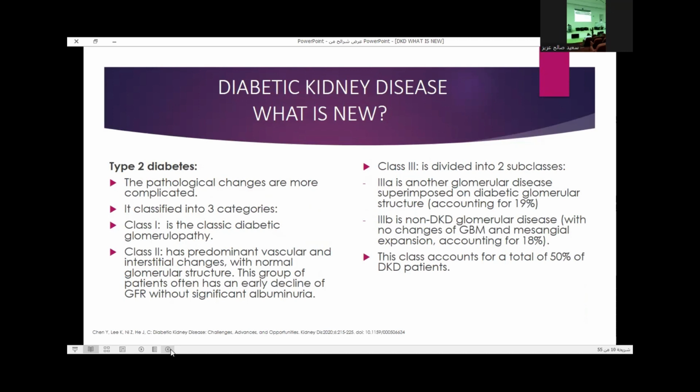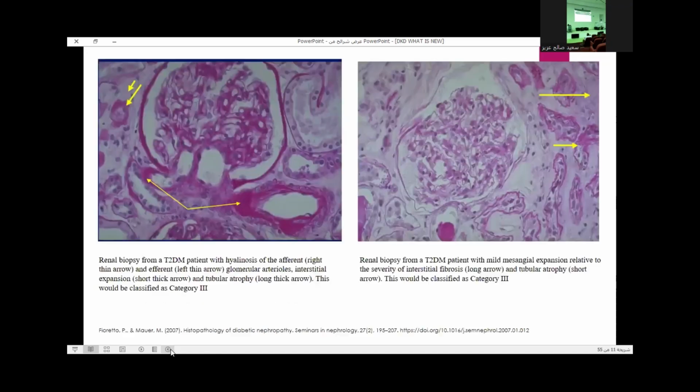Class 3A is when they have another glomerular disease superimposed on the glomerular change related to diabetes. Class 3B is when they have a non-glomerular disease associated with diabetes. Class 3 usually accounts for 50% of the cases.